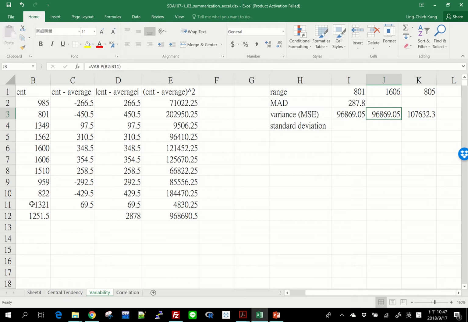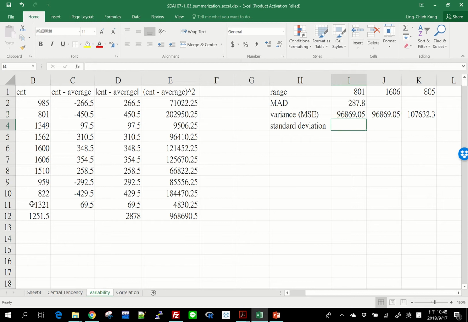Indeed, we need to distinguish the difference between population variance and sample variance. But we will delay the use of sample variance until we really focus on inferential statistics. At this moment, just calculate population variance. And another good thing is that if you have thousands or millions of values, these two functions don't really matter, so you don't need to worry too much about it.